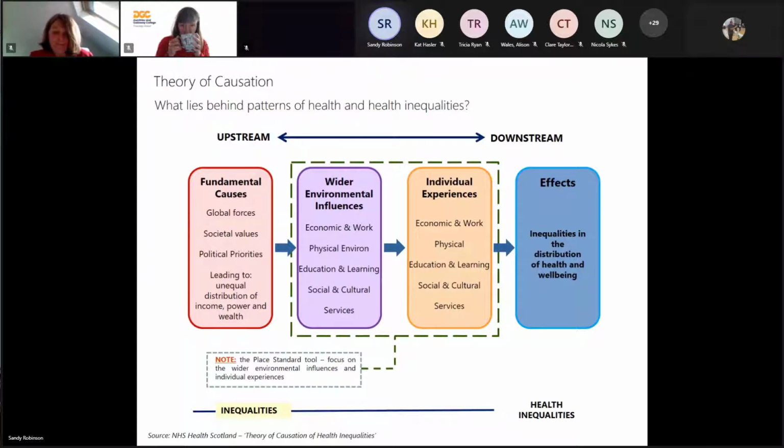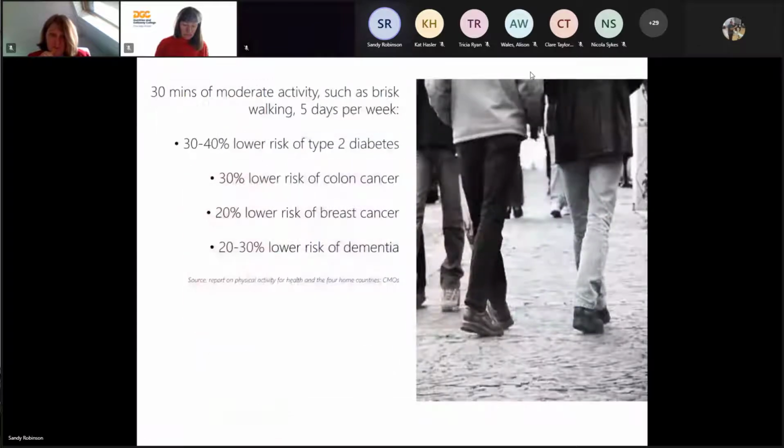So it's that central part of that diagram there where our interest has been most focused, and that is around things like economy, physical activity, the social environment, opportunities to learn, to feel a part of place, and the social and cultural environment within a community too.